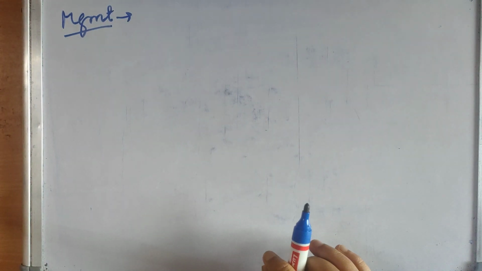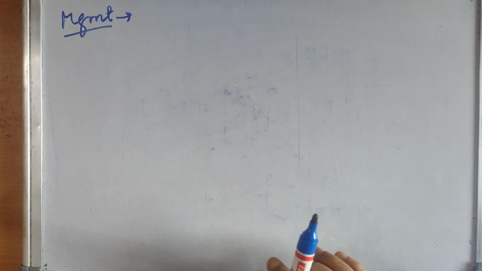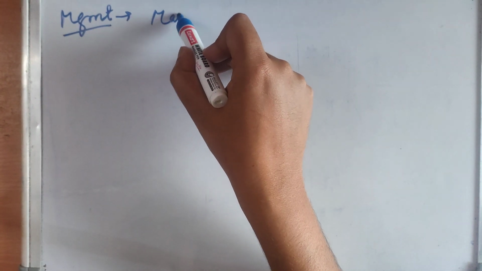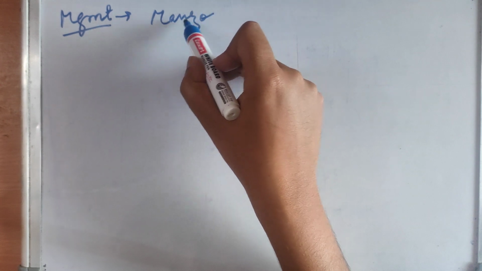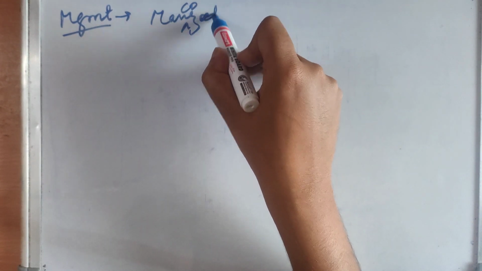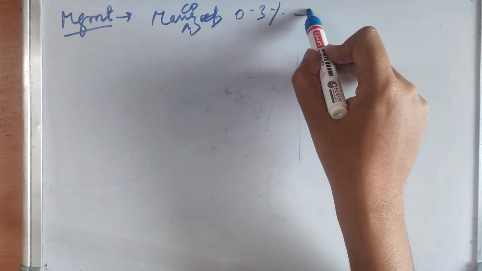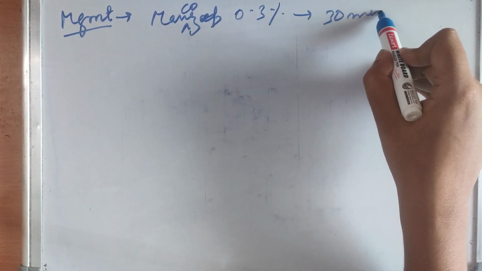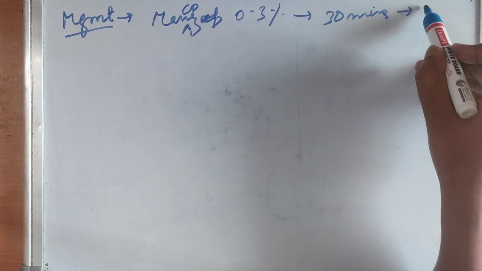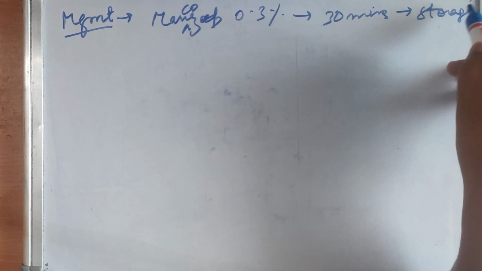Management. We will treat seed rhizome with mancozeb at 0.3% for 30 minutes before storage and planting.